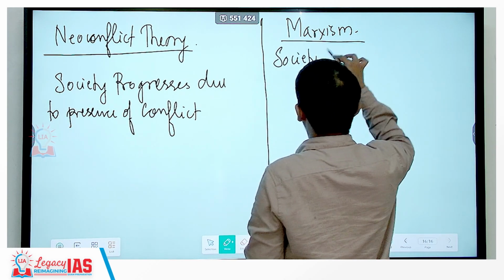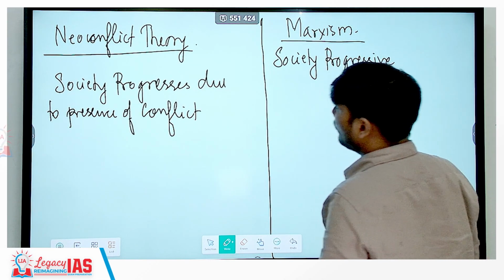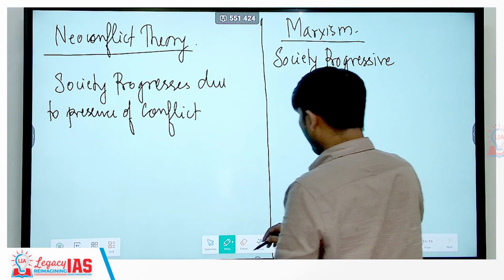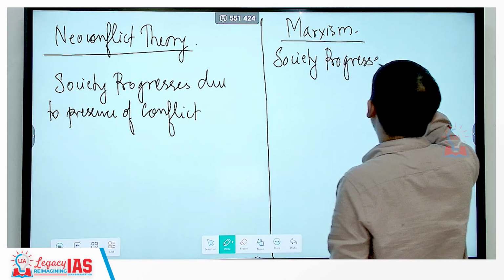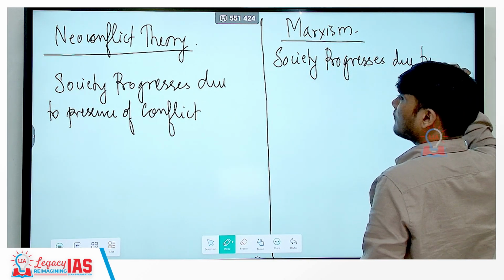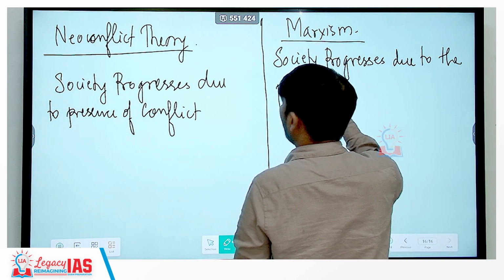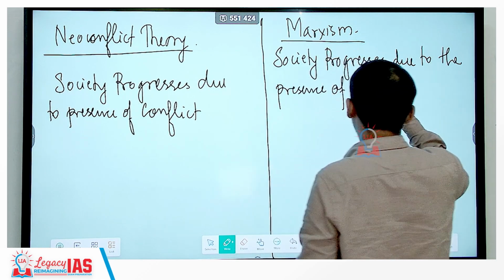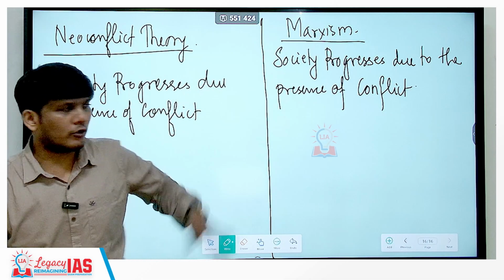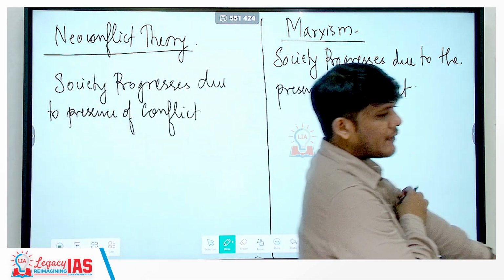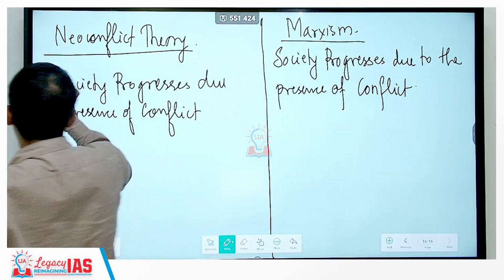So I want to tell you where do they differ? Society progresses due to the presence of conflict. So this point is same. This point for both of them is same, but at the same time it is different as compared to functionalism. So then where are they differing?